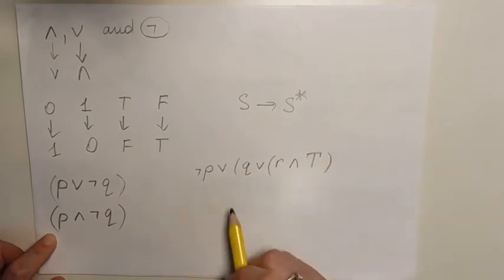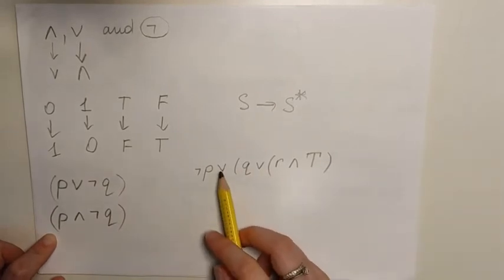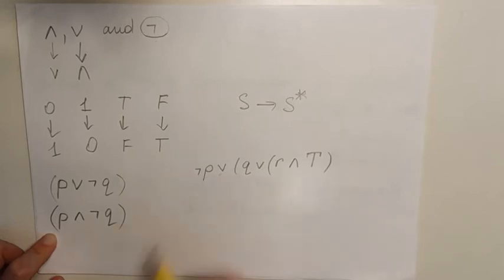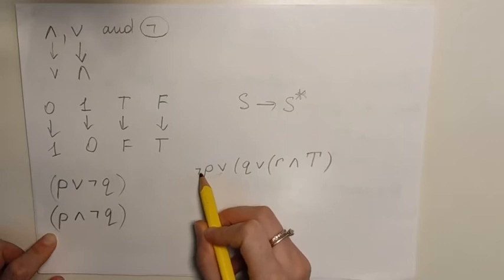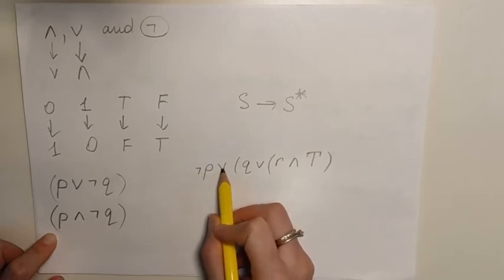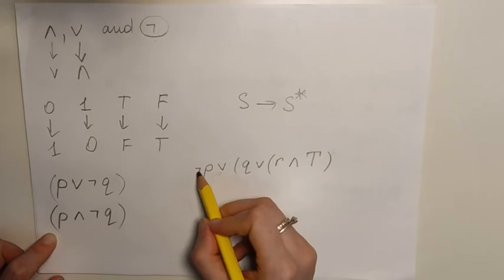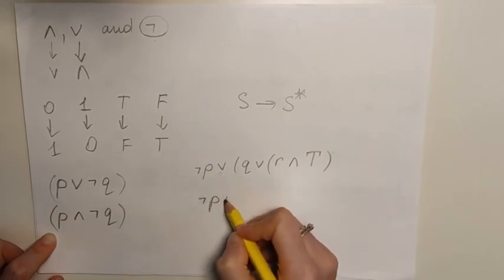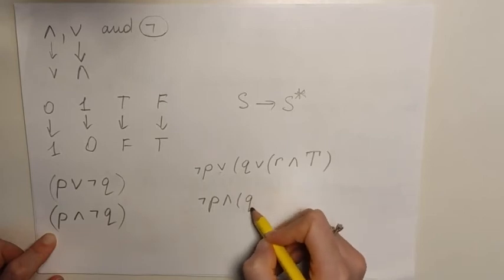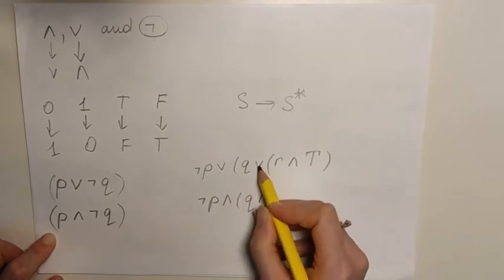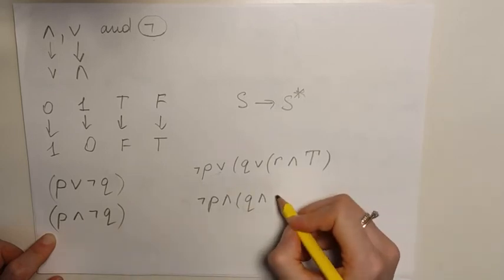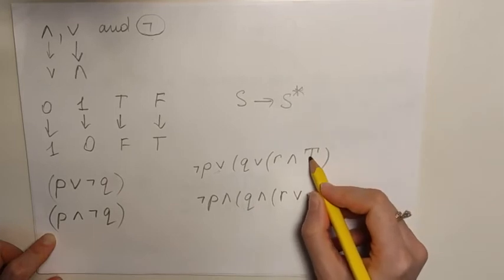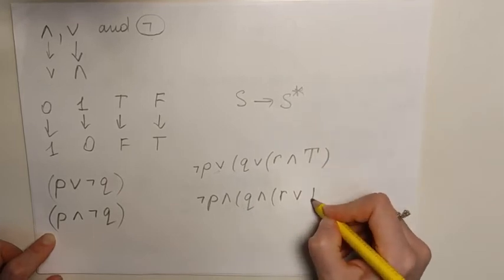Okay, let's find the dual of this compound proposition. The dual of this compound proposition is, we replace disjunction by conjunction and the negation remains the same. Negation P, conjunction Q, again conjunction, we replace disjunction by conjunction, or disjunction, we replace true by false.